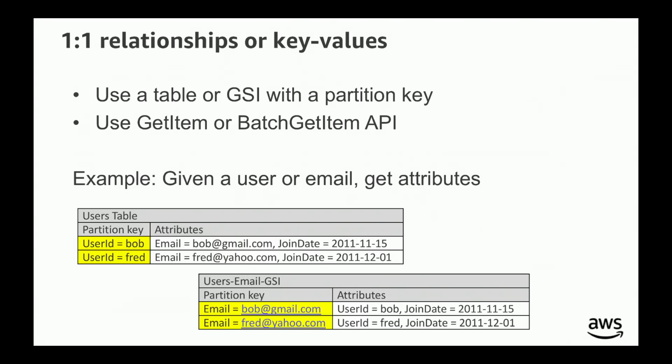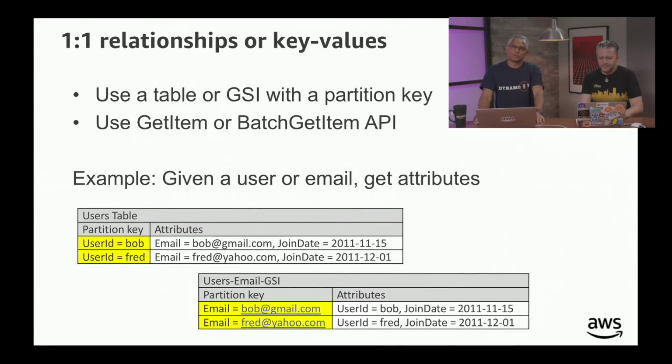So if you had another mechanism where you want to look up the users by email, you could service those lookups using the user email global secondary index. So that's what is shown at the bottom of the slide. So the key-value scenario is a fundamental scenario. In fact, many applications require massive scale.